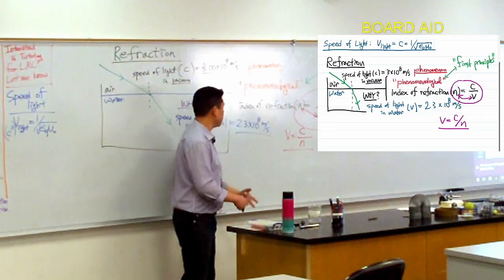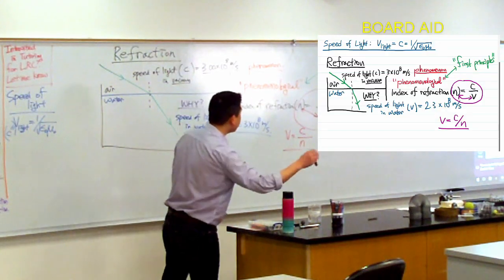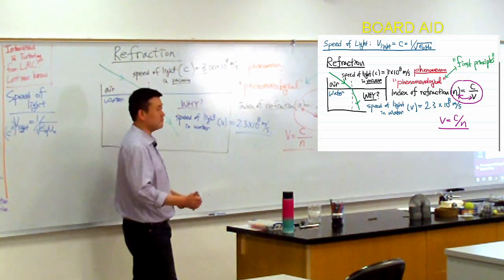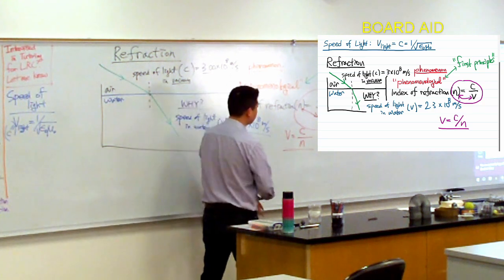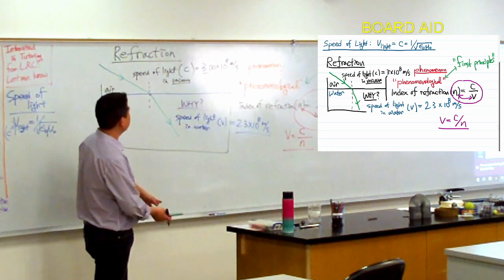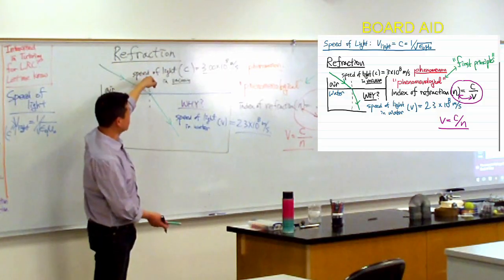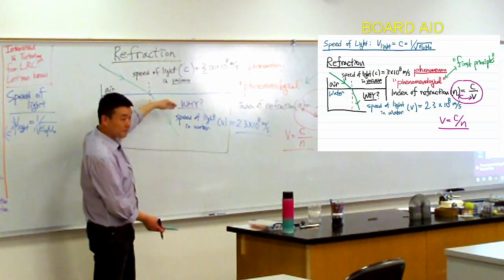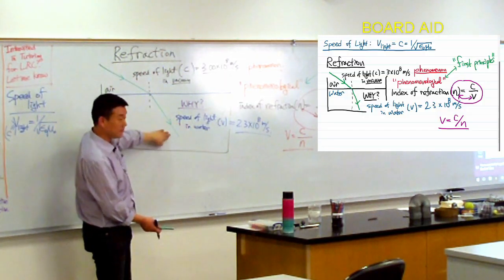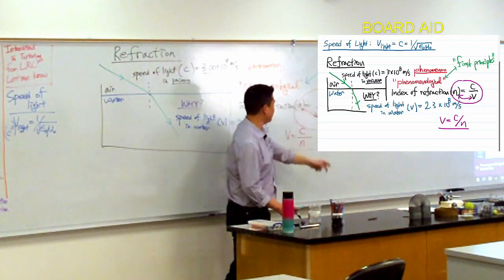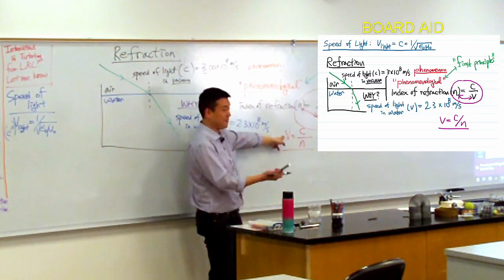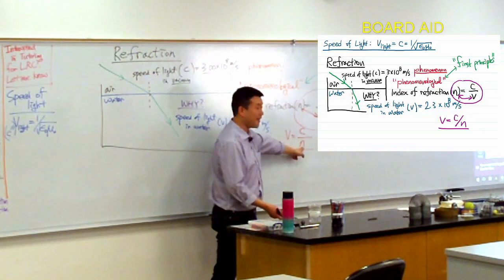As in, imagine you have an annoying younger sibling who keeps asking you why. So you tell your younger sibling that light bends as it enters a different medium, because the speed of light is different there. In fact, I can even tell you how they are different. This is the speed of light in the medium, c divided by n.